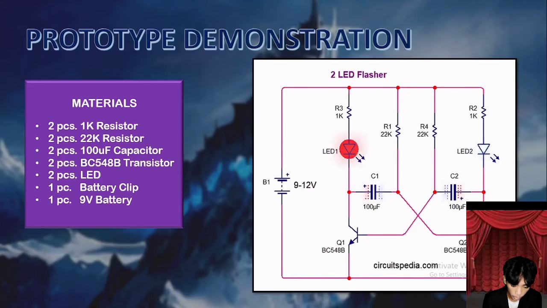Looking at the bottom side, you can see that the current passes through the emitter of transistors 1 and 2, labeled Q1 and Q2, and then it passes through the capacitor and the LED. As you can see, the capacitor absorbs the charge and then releases it to the LED. Then the LED will emit the light.